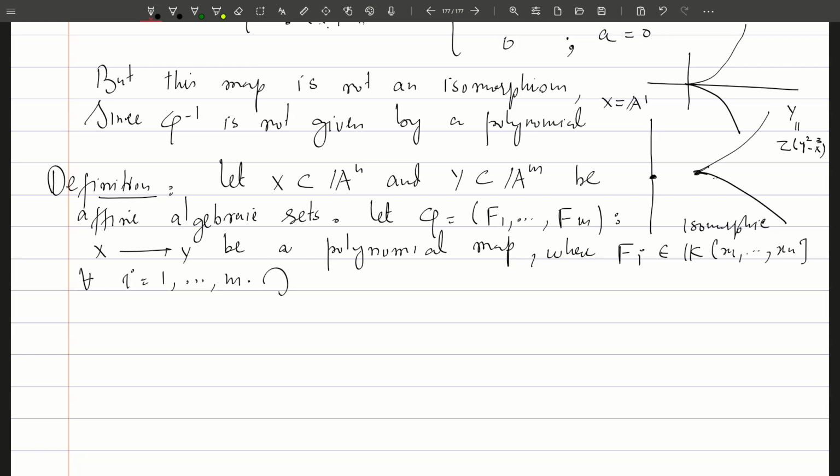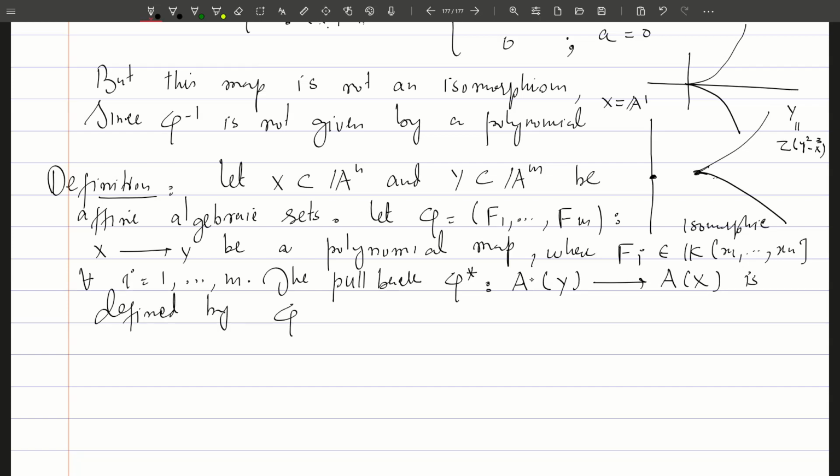Now the pullback is actually a map, say phi upper star, from the coordinate ring over Y to the coordinate ring over X. So this is defined by: phi star takes a polynomial function, because we can identify AY with the set of polynomial functions.